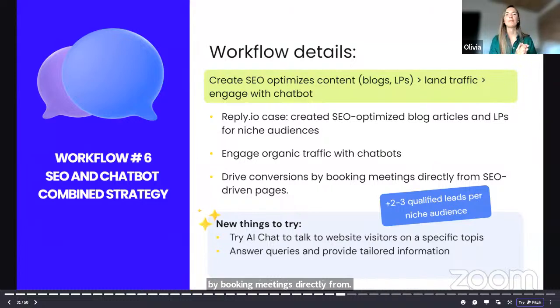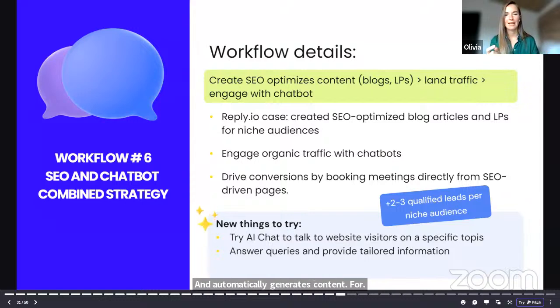But what I need to say, at Reply, we identified 30 niche audiences. Instead of creating those landing pages manually, we leveraged ChatGPT and used its programming skills to generate JSON files and automatically generate content for 30 different landing pages.